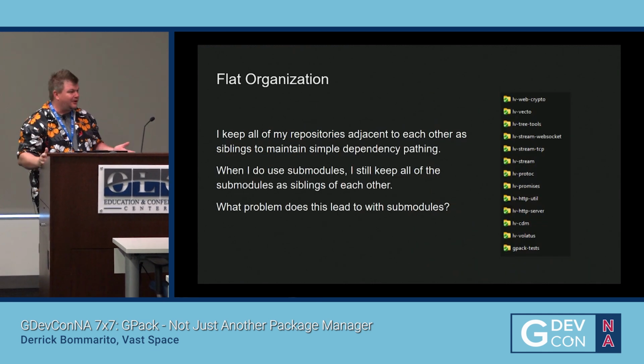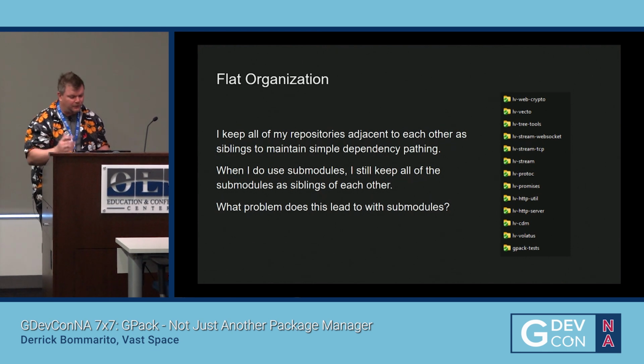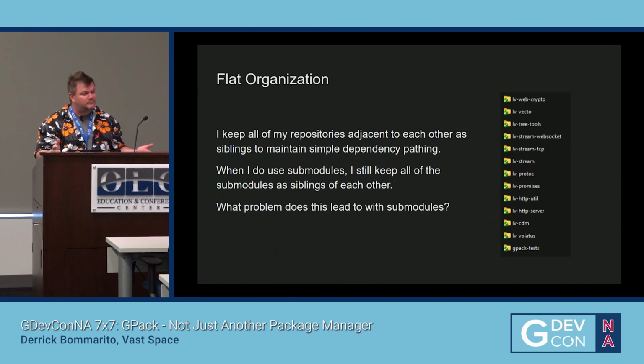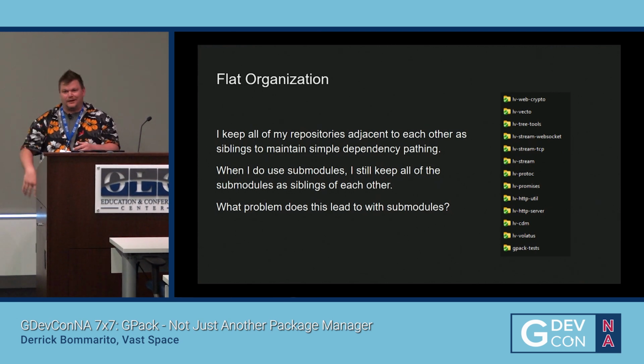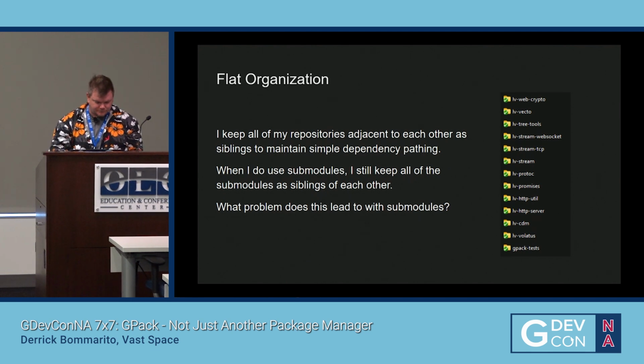So this is all I do: everything is just a peer of everything else, not under a super project. But even if I am working with submodules, there's one super project which really doesn't have any LabVIEW code in it, and everything else is just a peer of all the other code.